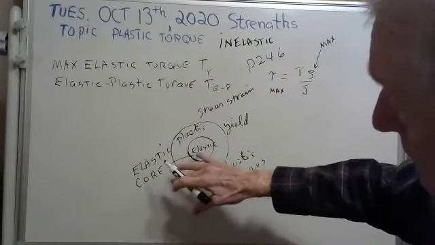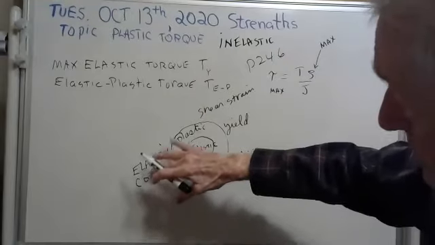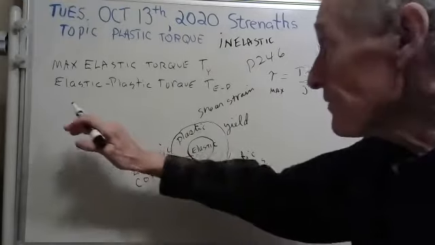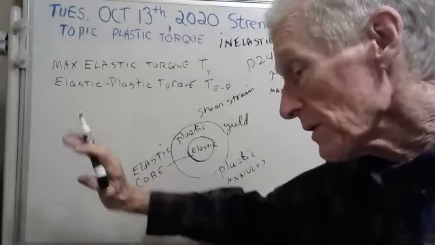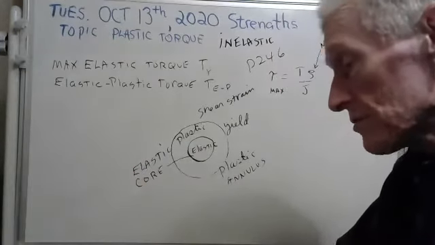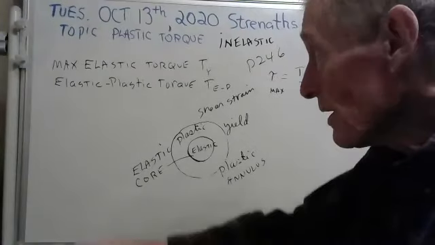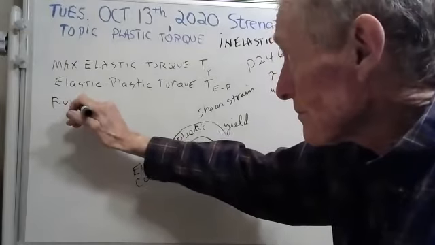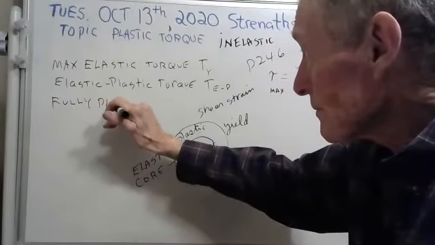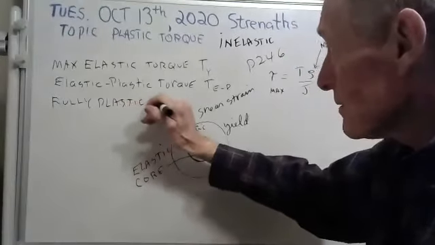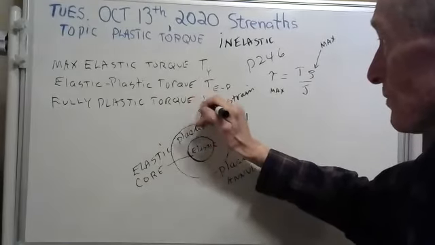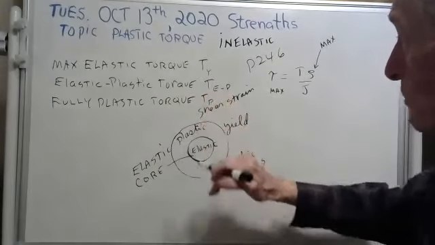See, it's part elastic in the center, and it's part plastic around on the ring there, the plastic annulus. And then finally, if you keep increasing the torque on a piece, you'll reach a place where you have the fully plastic torque. And the symbol for that is T with a little P underneath it.